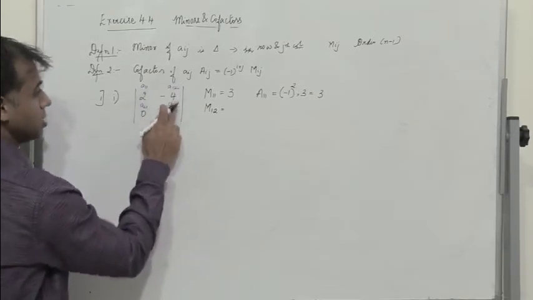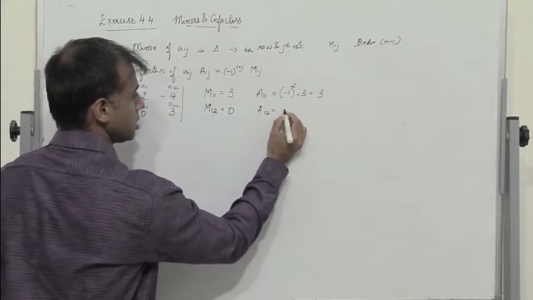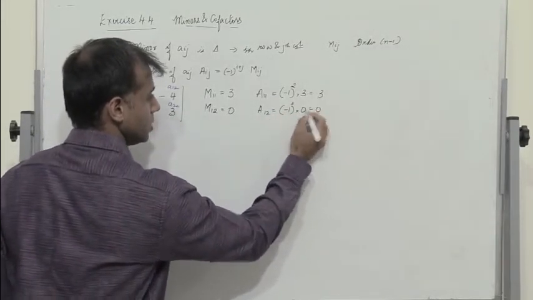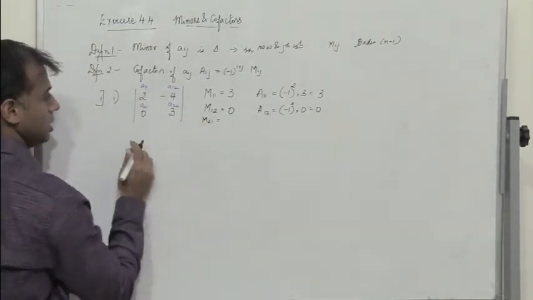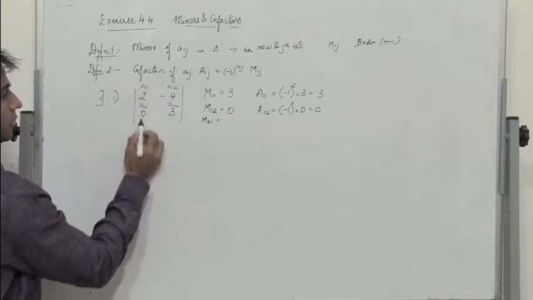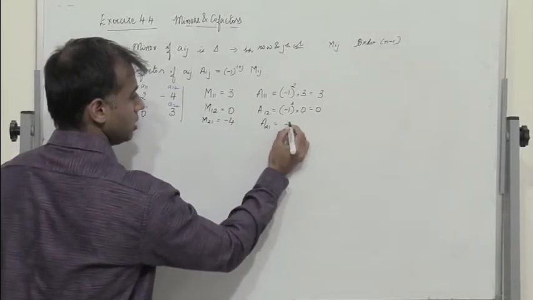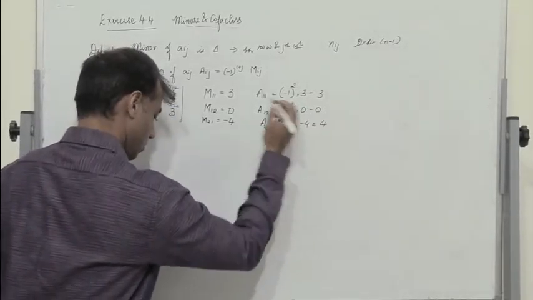I delete the first row and second column, I get 0. Next, A12 is minus 1 whole power 1 plus 2, which is 3, into 0, which gives me 0. The next one, M21, is deleting the second row and the first column. We have minus 4. So A21 is minus 1 whole power 3 into minus 4, which gives me 4.